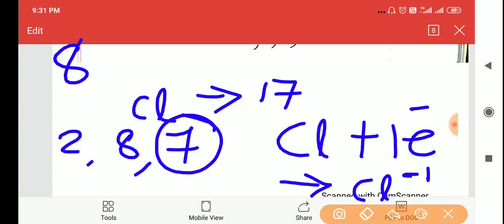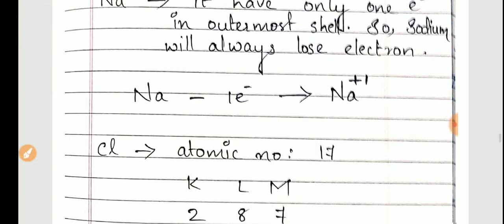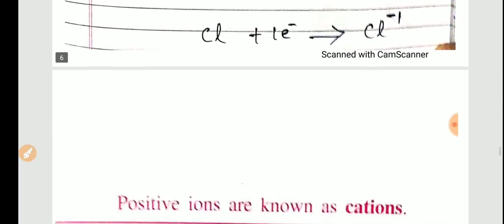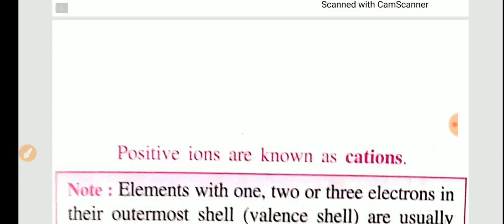So these are known as ions. Ions are positively or negatively charged atoms formed by losing and gaining of electrons. Then these charged ones, positive ions, are known as cations. We have studied in our 8th standard about cations and anions, right?